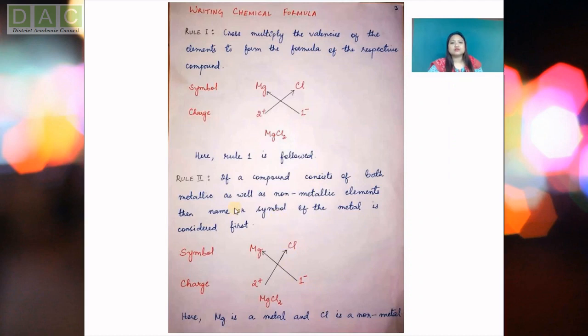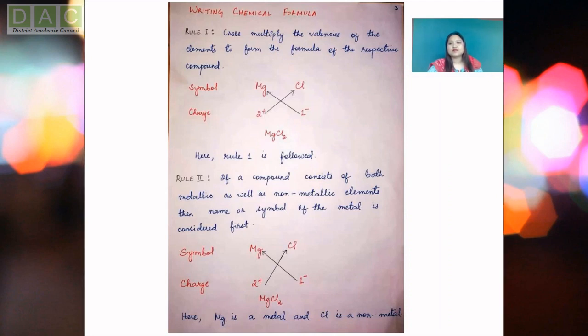Since metallic elements are considered first, when we write the chemical formula, Mg, the symbol of magnesium, is written first and then chlorine is written second. This way we write the formula of chemicals.